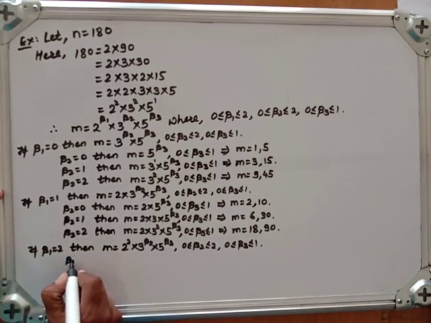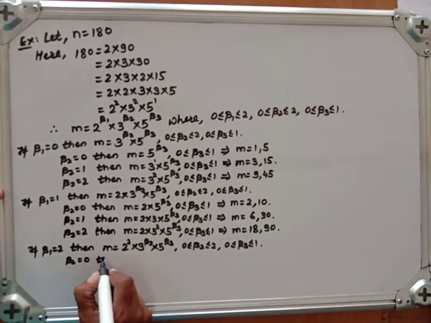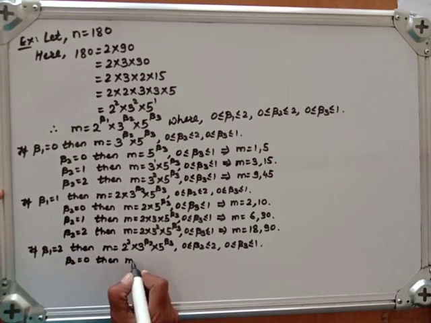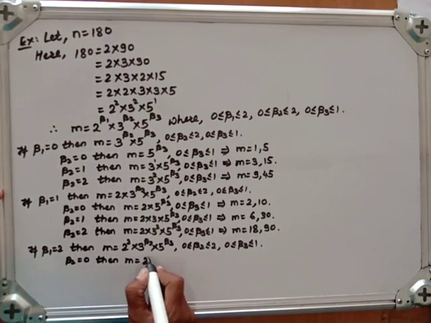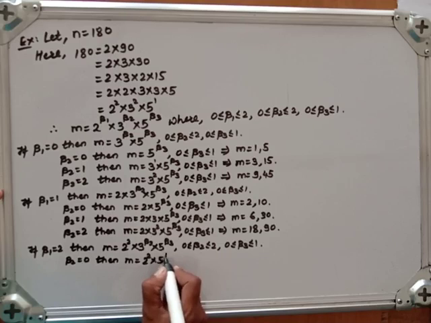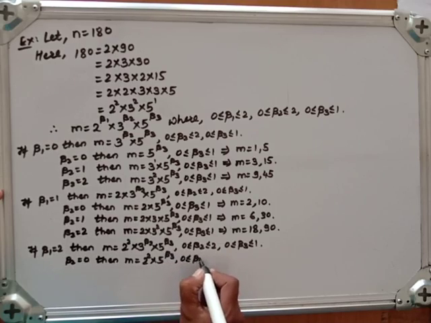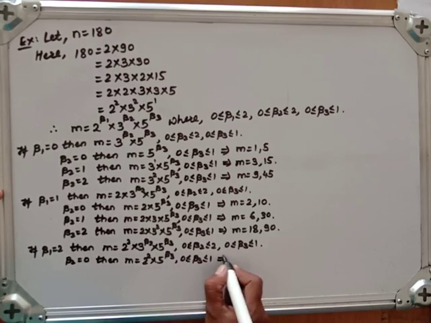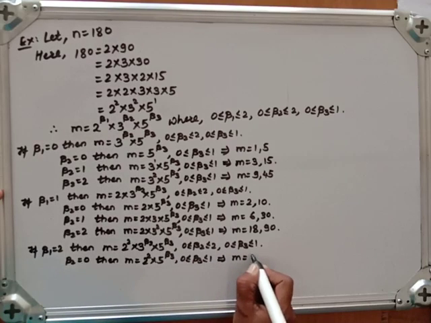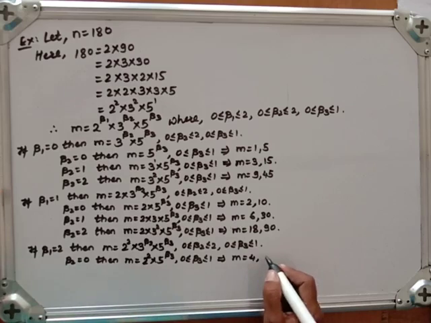Beta 2 is equal to 0, then m equals 2 square into 5 raised to beta 3, so m is equal to 4 and 20.